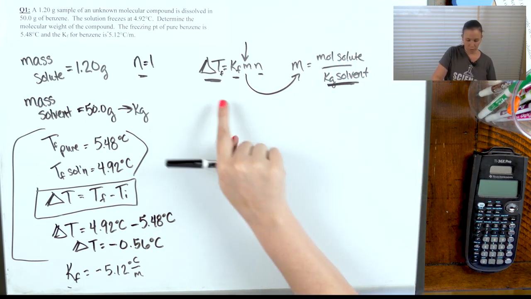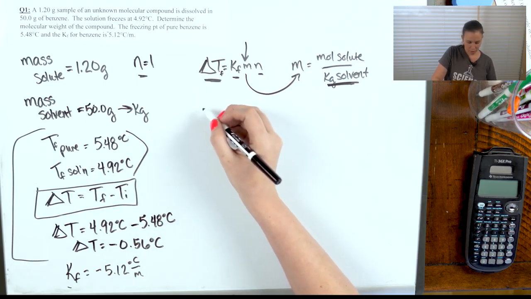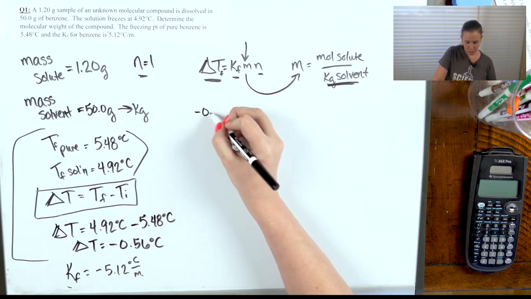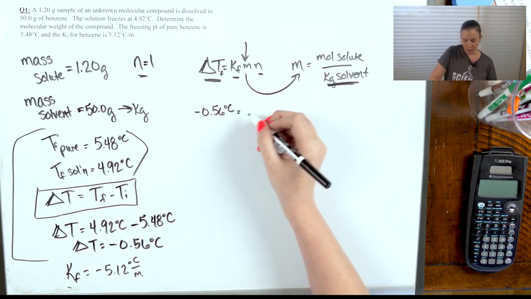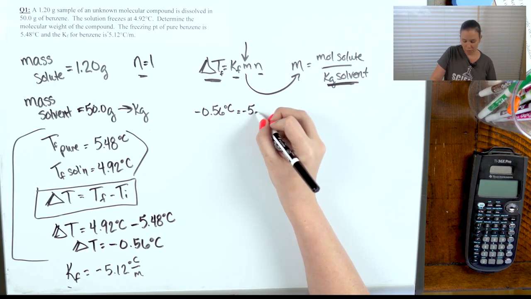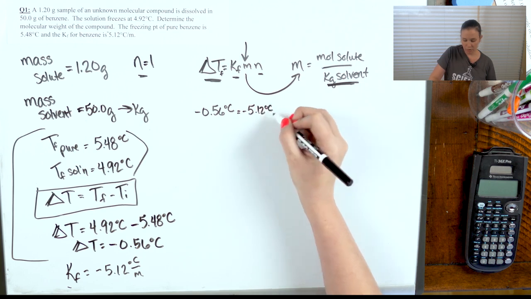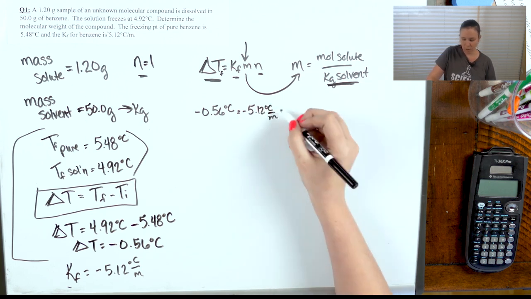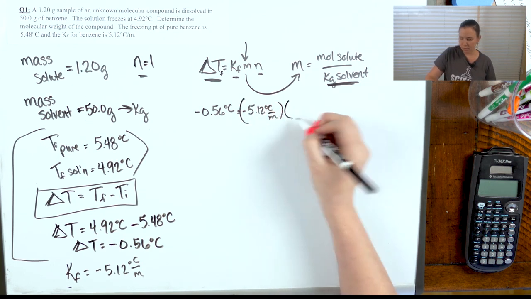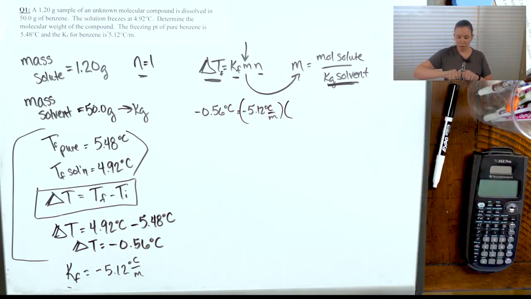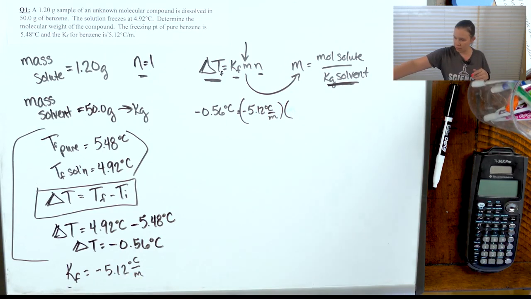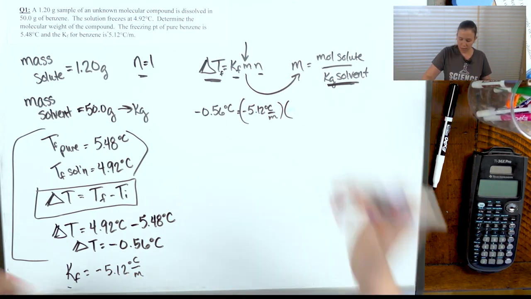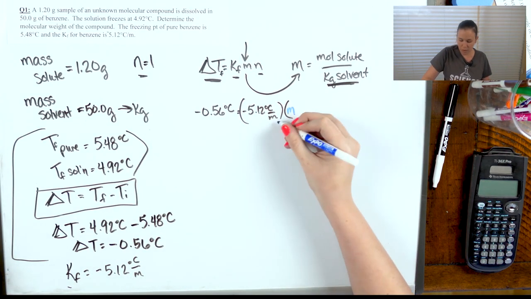So let's start by plugging in the formula delta T. So delta T we decided was negative 0.56 degrees Celsius, and the KF is negative 5.12 degrees Celsius per molality. Now I'm solving for the molality, but this is the variable molality, so I'm going to put that in a different color, maybe a darker color, so that I know I'm not canceling out a variable with a unit.